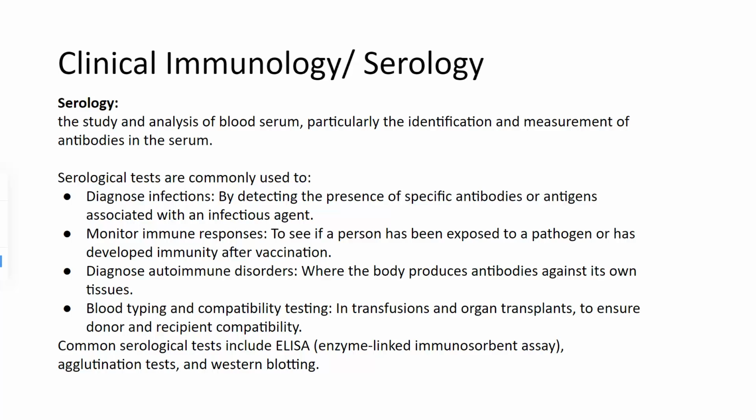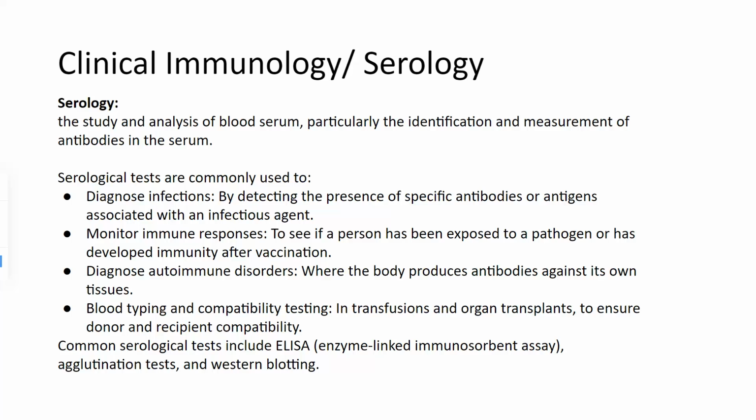Monitor immune responses. So sometimes we want to know if the immune system is functioning properly. We can see if a person has been exposed to a pathogen or has developed immunity after vaccination. Diagnose autoimmune disorders. That's where the body produces antibodies against its own tissues, and we can use serology to diagnose certain types of autoimmune disorders.